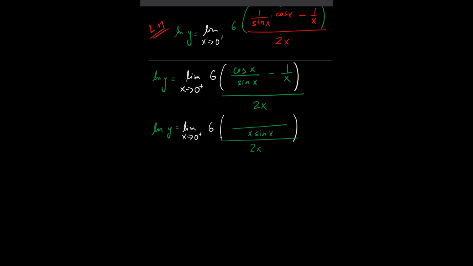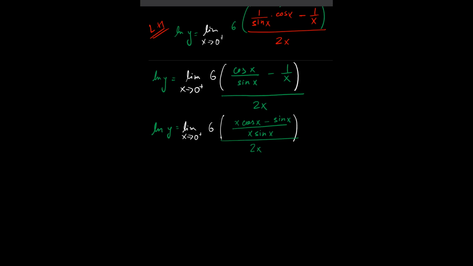I already have a sine of x, so it will be x cosine of x minus, we need a sine of x because you already have an x, and the LCD sine of x times x, so I would write sine of x.